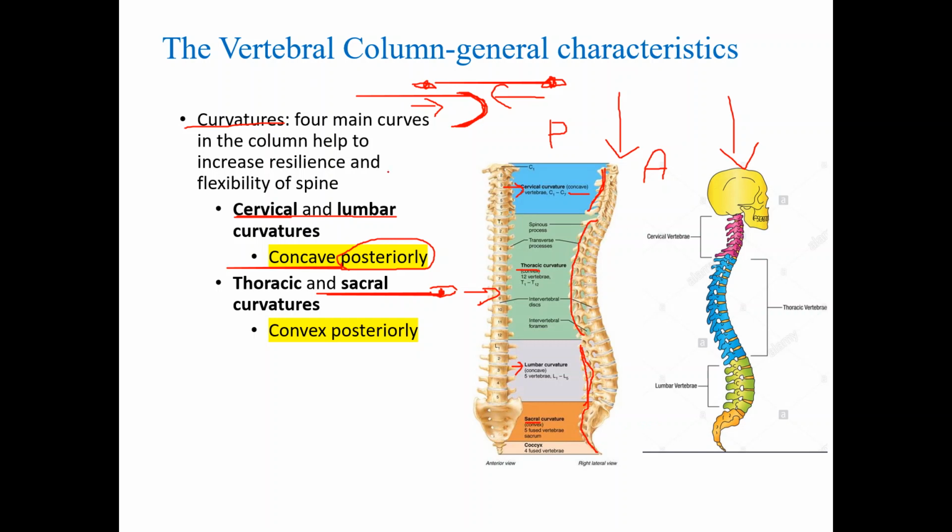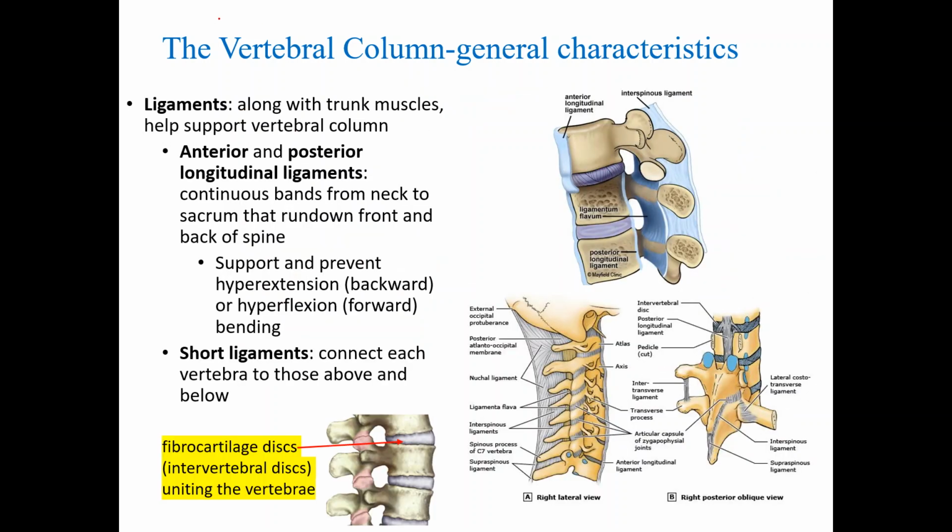So that's why we say that the cervical and lumbar curvatures are concave posteriorly, while the thoracic and sacral curvatures are convex posteriorly. All right, so other general features that I want to talk about for the vertebral column are ligaments.